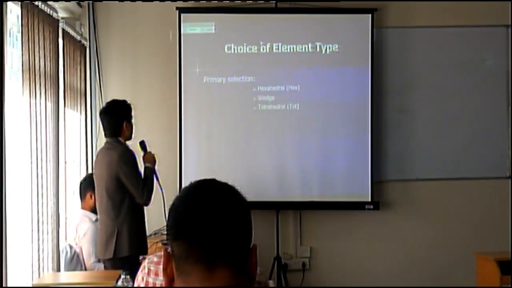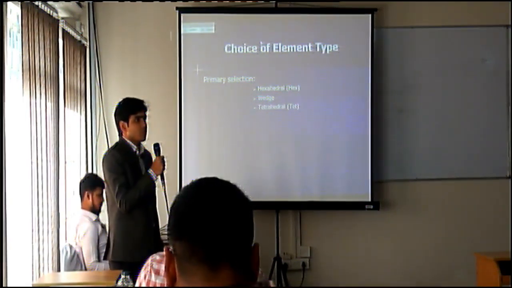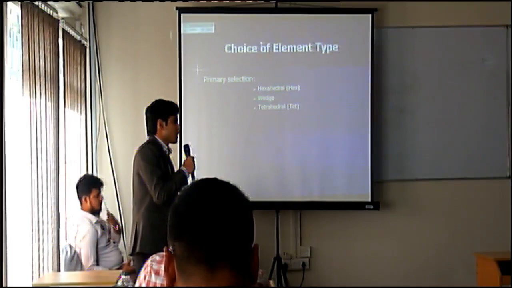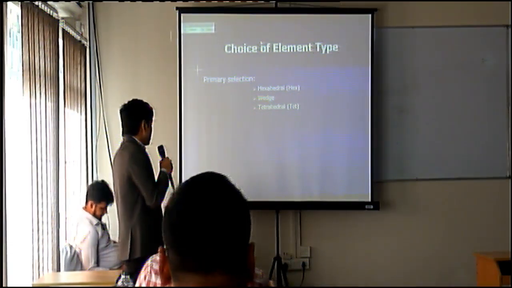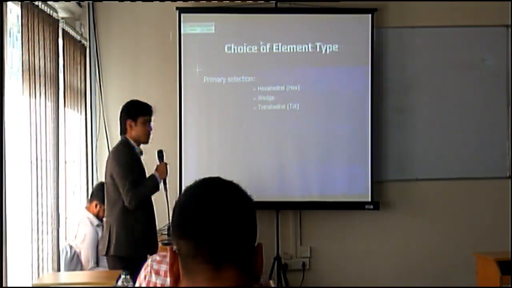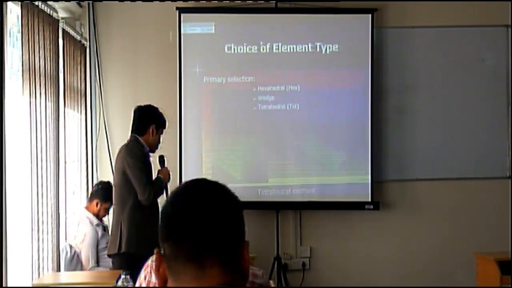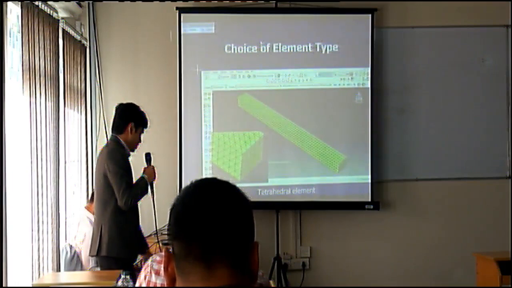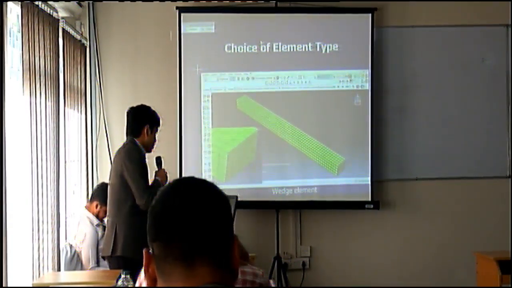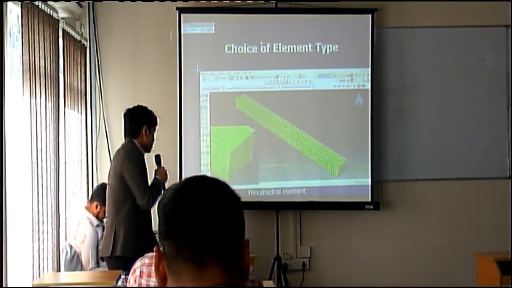So now the simulation actually depends on what the element is and what the size is. I have primarily selected hexahedral, wedge, and tetrahedral elements for my simulation. This is all tetrahedral element, wedge element, and hexahedral element.